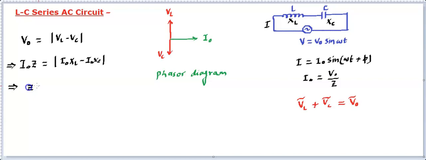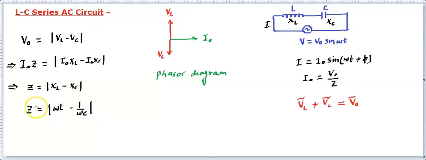So you'll find Z, that means the impedance, is coming as XL minus XC. Depending upon which one is larger, we can open this mod. Or you can write the impedance Z as equal to omega L minus 1 upon omega C. Right, so this becomes the formula for impedance.